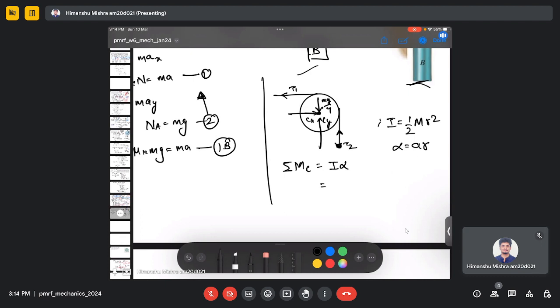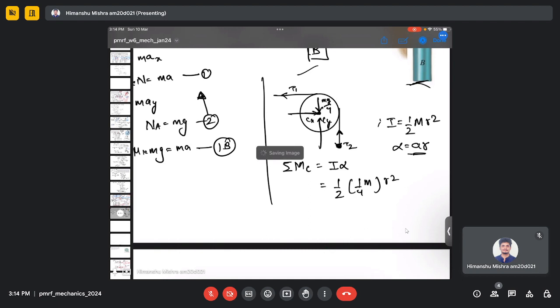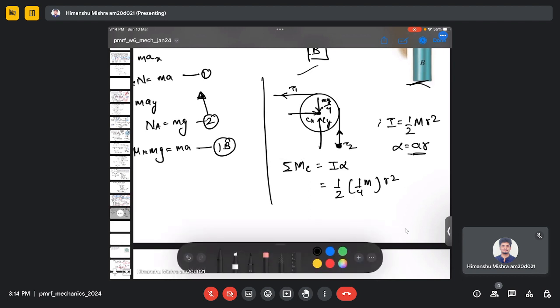So I can write this as 1 by 2, mass is 1 by 4, r square, and alpha is a by R.